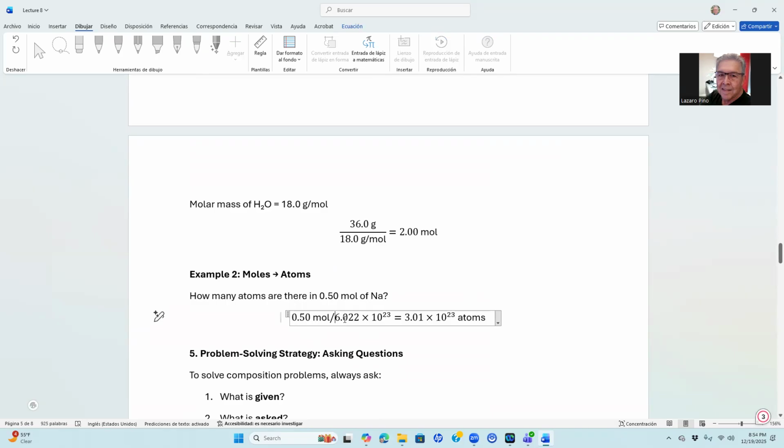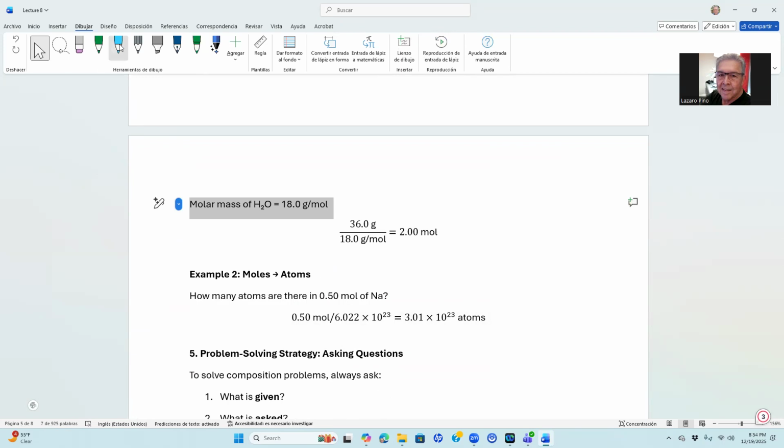Then you multiply, here is a mistake, but I'm going to solve it immediately. 0.5 moles, and you multiply here, you divide, you say that 1 mole of this compound is this number of atoms.